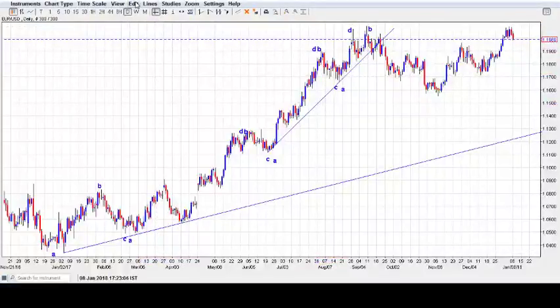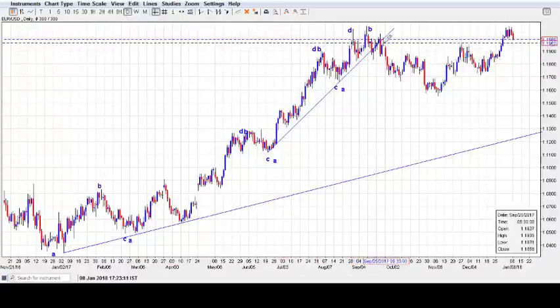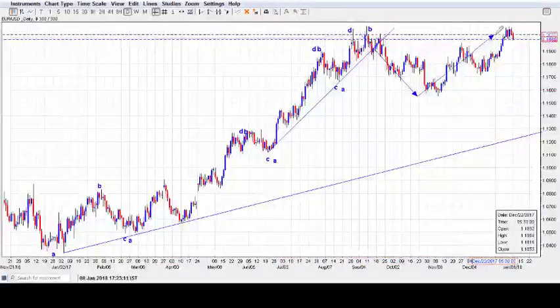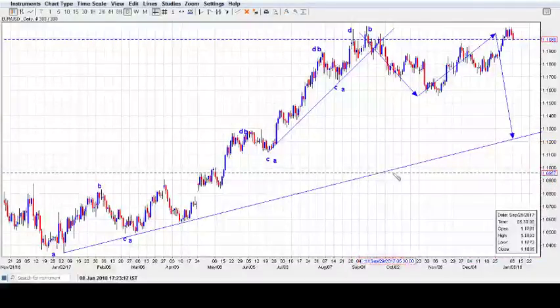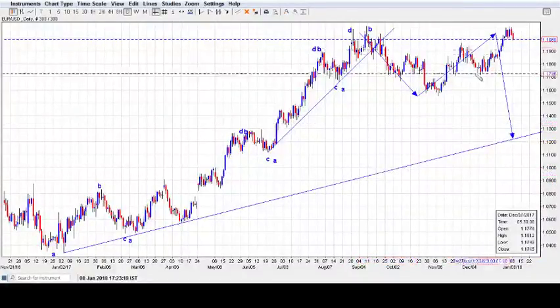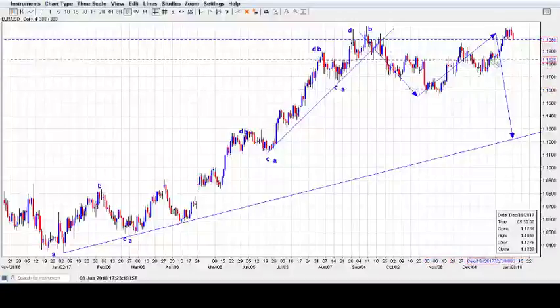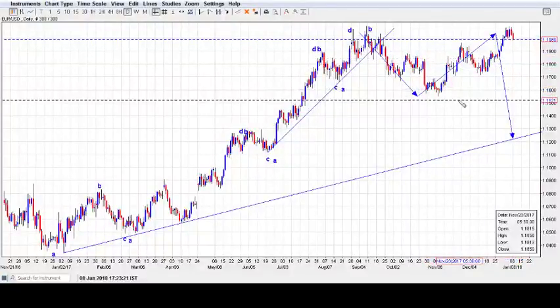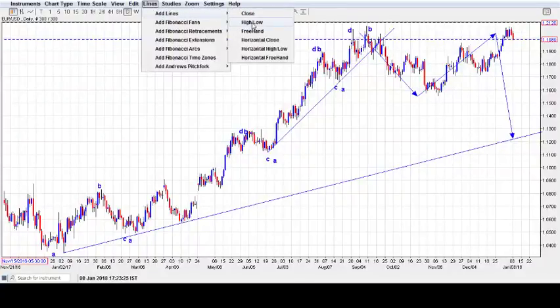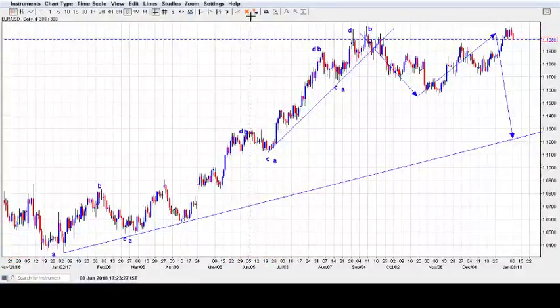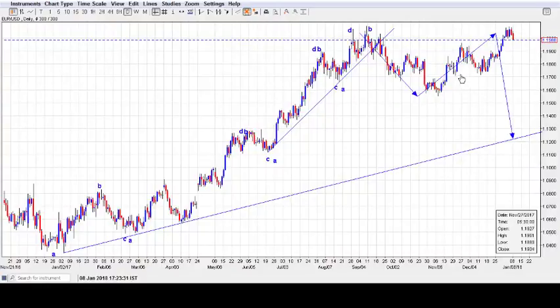Option two, it might want to drift in an ABC format towards the external support trend line, which I said is a possibility while we're discussing during our live sessions. But at the same time, we also discussed another possibility. Option number three now.